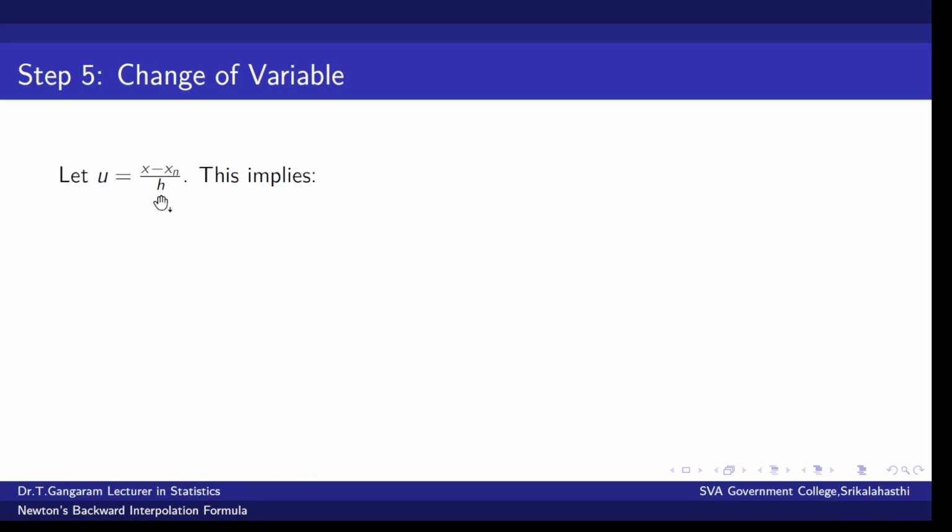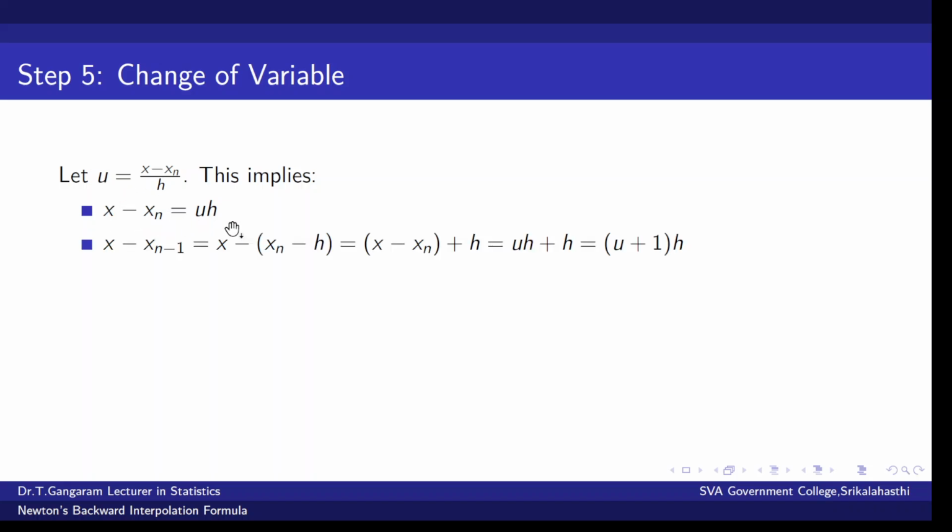Let u is equal to x minus xn by h. This implies x minus xn is equal to uh. x minus xn minus 1: instead of xn minus 1 we can use xn minus h, so we can write this as x minus xn plus h, which is uh plus h.